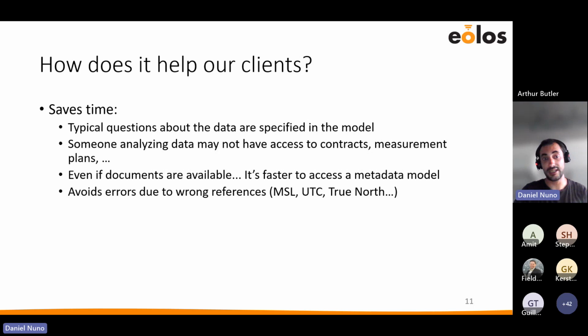And obviously, even if documents are available and you know where they are, it's going to be faster and easier to access the metadata model through some code. And it can even avoid errors due to wrong references, maybe the true north or the geographic north.